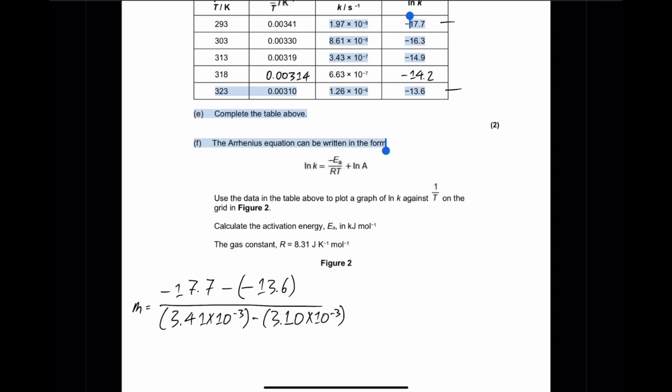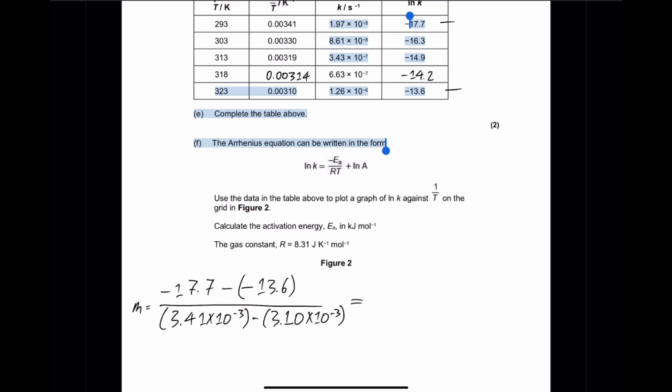Sorry, I'm really butchering this. I should be much faster than this. Alright then, so minus 17.7 plus 13.6, same thing as that, over 3.41 times 10 to the power of minus 3 minus 3.10 times 10 to the power of minus 3.